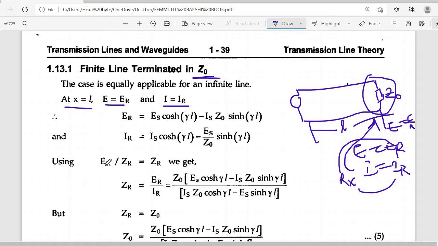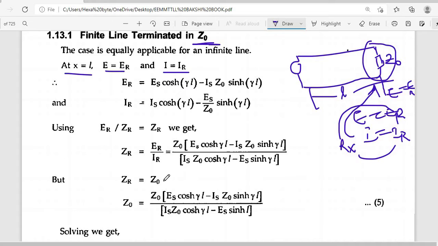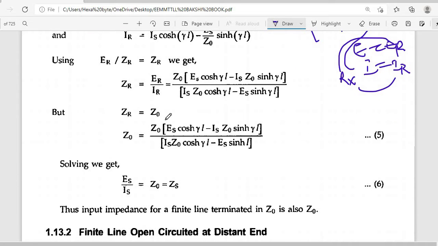Similarly, using ER by IR equals ZR, we get ZR equals ER by IR. So finally you get ZR equals Z0.